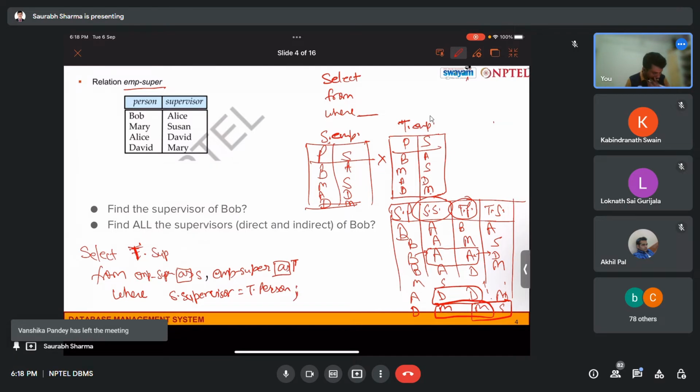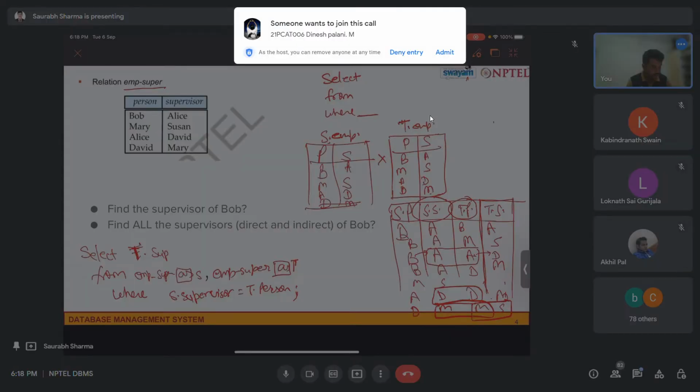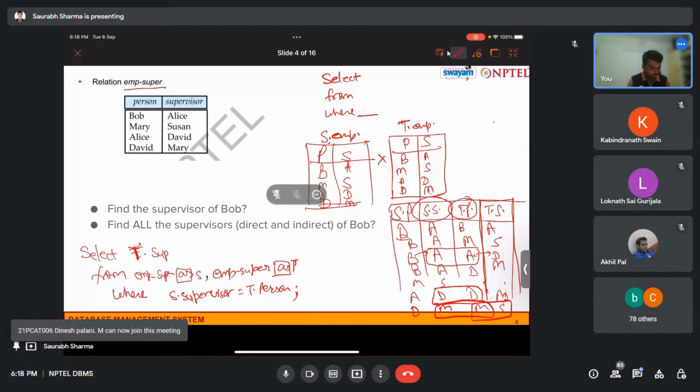So we have to select this T dot supervisor from the Cartesian product of S dot employee super and T dot employee super, where this S dot supervisor will be equal to T dot person. How will it work? It will first take Bob.